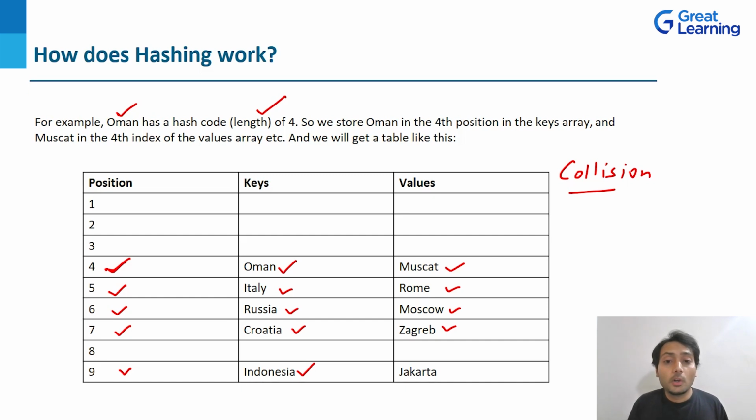Suppose if I want to insert one more country name, let me take India. Okay, so what is the count of India? 1, 2, 3, 4, 5, right? So if I want to store this, I have to store this at this particular location, right? That is here, right? But we already have one more country there, that is Italy, right?